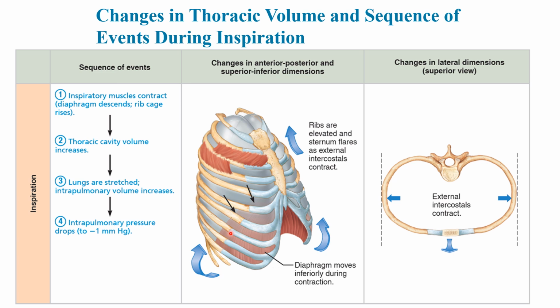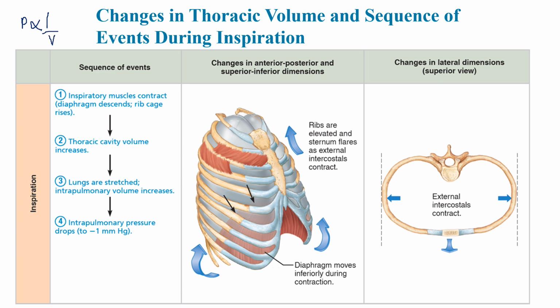When intrapulmonary volume increases, the pressure decreases because, according to Boyle's law, I will write it down here again, pressure is inversely proportional to the volume. So when the volume has increased, the pressure has decreased.